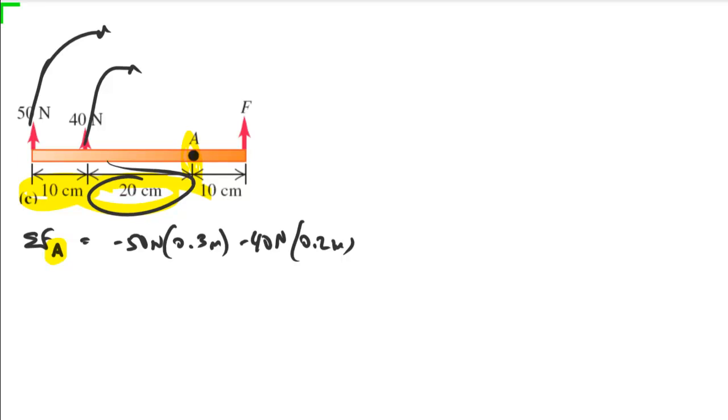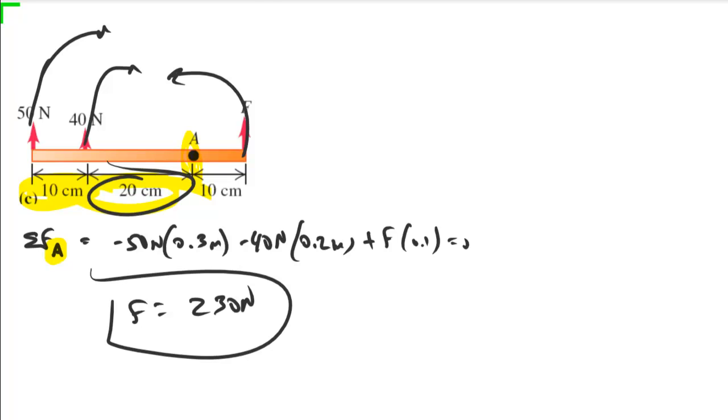Different moment arms, those forces act at different places. And the force F is positive, causing a counterclockwise rotation, so plus F times 0.1 equals 0. Solving this, we end up with F is equal to 230 newtons.